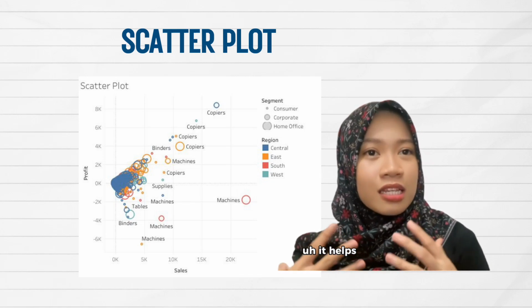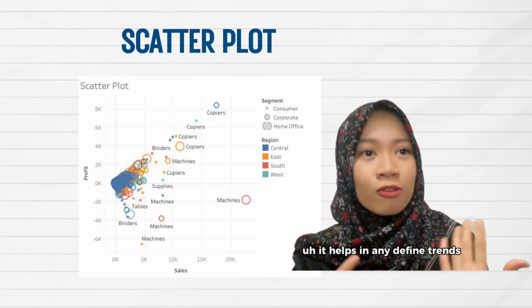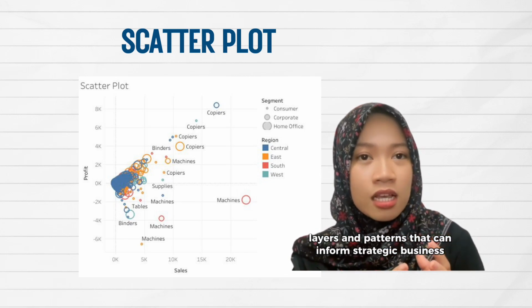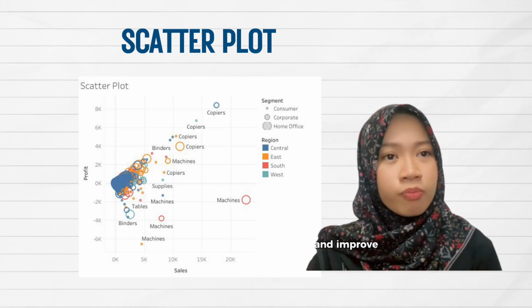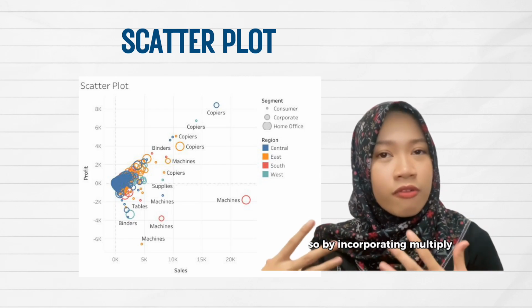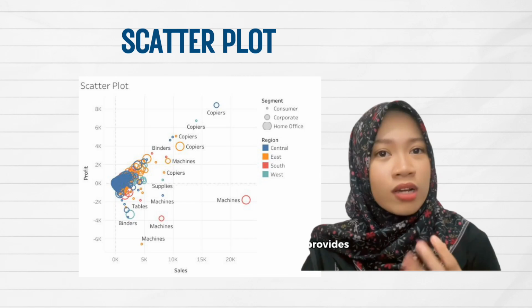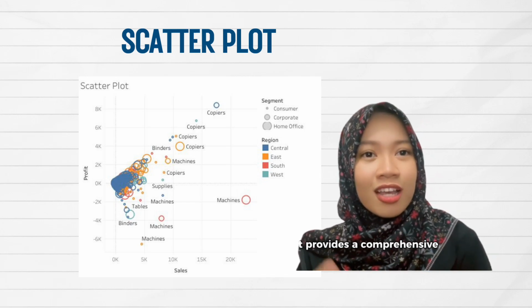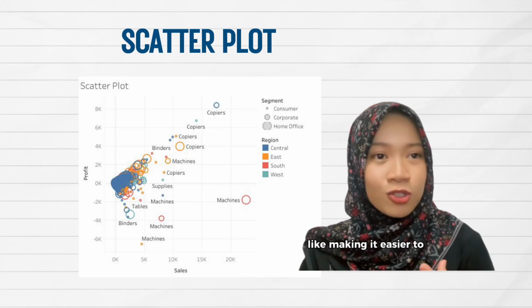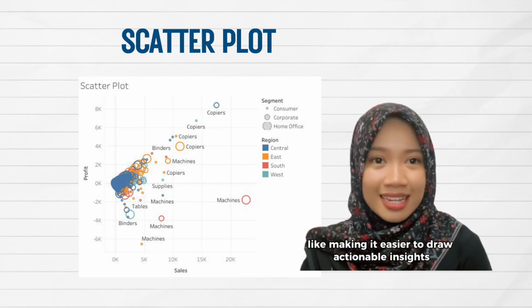It helps in identifying trends, outliers, and patterns that can inform strategic business decisions and improve performance analysis. So by incorporating multiple variables, it provides a comprehensive view of the data, making it easier to draw actionable insights.